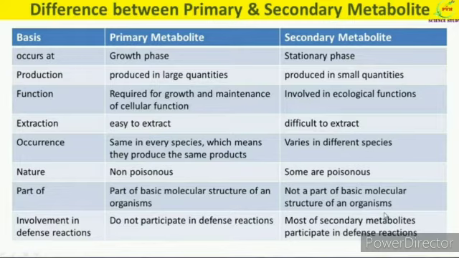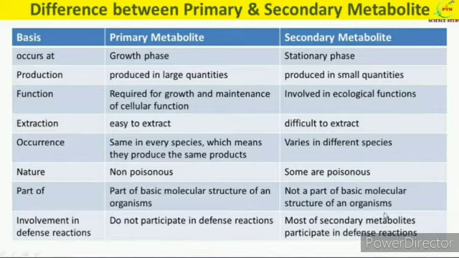Extraction: primary metabolites are easy to extract, but secondary metabolites are difficult to extract. Occurrence: primary metabolites are the same in every species, which means they produce the same products. Secondary metabolites vary in different species. Nature: the primary metabolites are non-poisonous, but some secondary metabolites are poisonous.